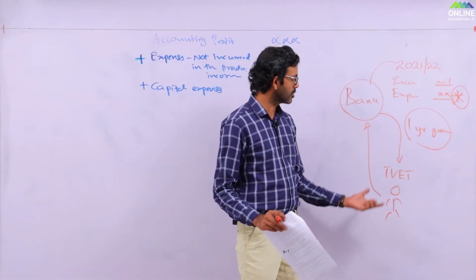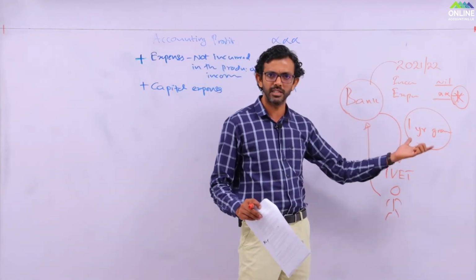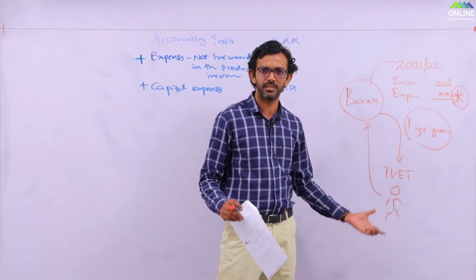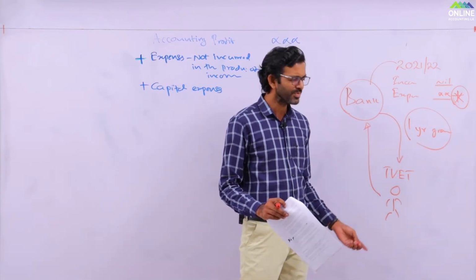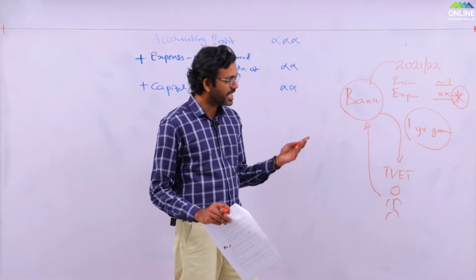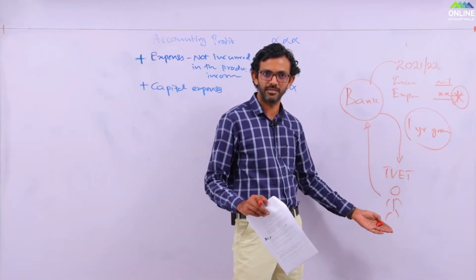Your purpose is to generate income for the bank, but income will be generated from the second year onwards. So clearly you have incurred expenditure in the production of income. So there is no deeming provision required here. A deeming provision is required if it is not incurred in the production of income.